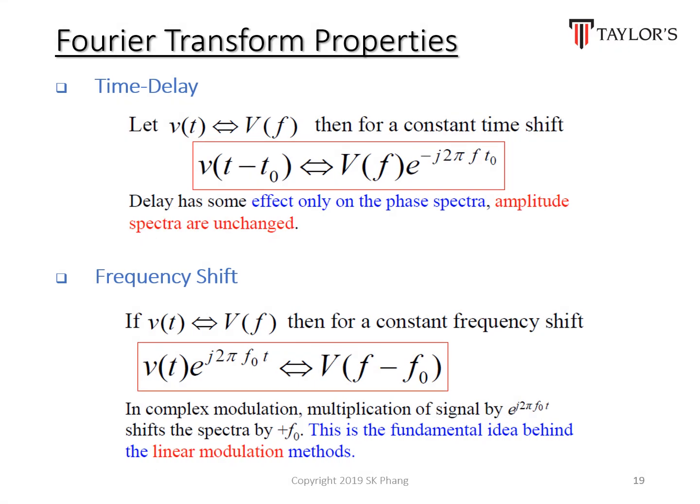The next one is the time delay. If you have a delay on your time domain signal, a delay of t naught, it is just equivalent to your frequency domain signal multiplied by e to the power of negative j omega t naught. Alright, so this one is just omega t naught.